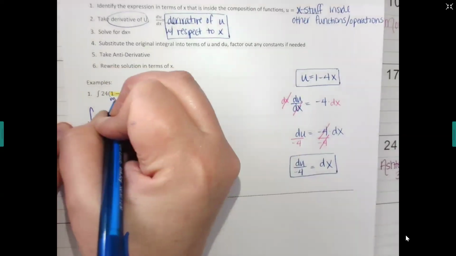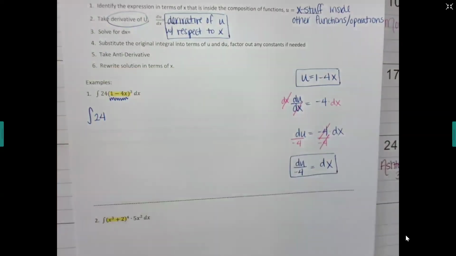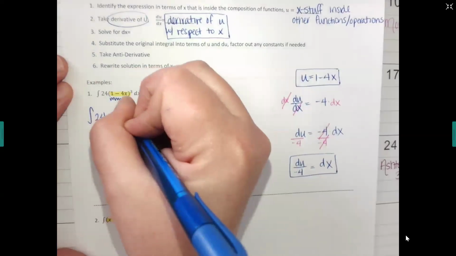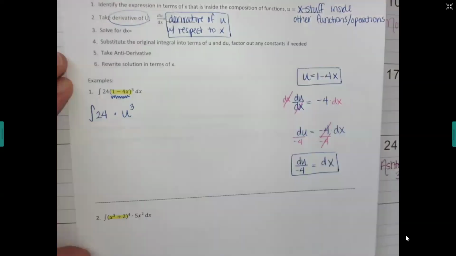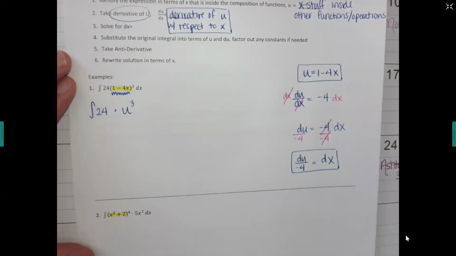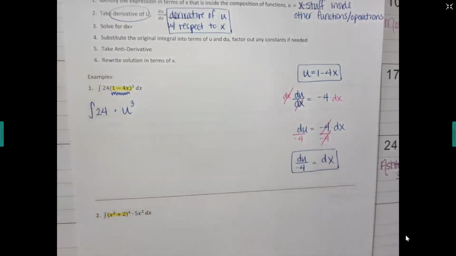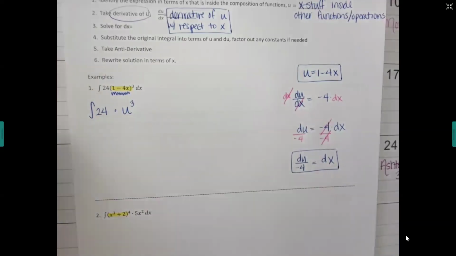But where my 1 minus 4x is, what is 1 minus 4x going to be replaced by? A u. So instead of 1 minus 4x cubed, now it's u cubed. Then when I see my dx here at the back, I'm going to replace that using this bottom step. That dx is going to be replaced by a du divided by -4.